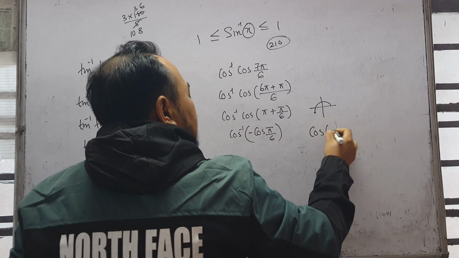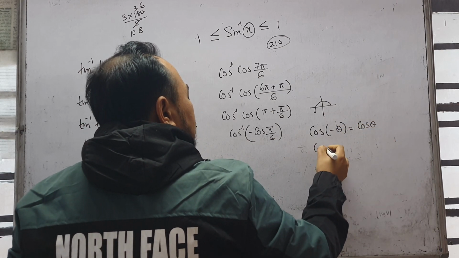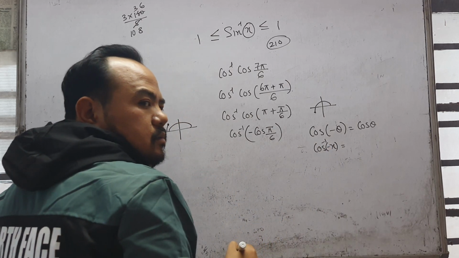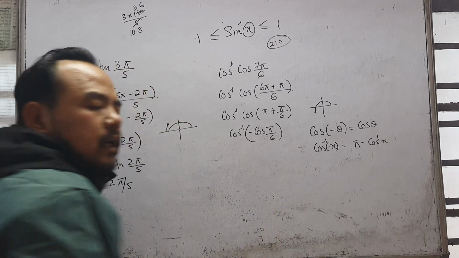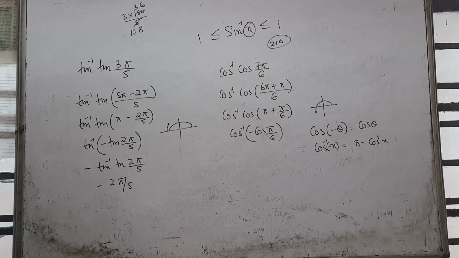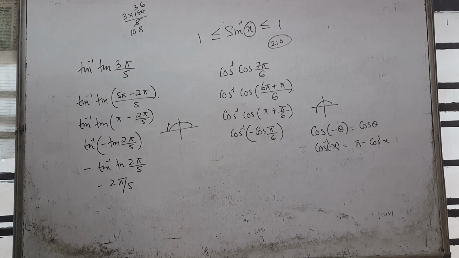Cos of minus theta is cos theta, but this is inverse. Cos inverse of minus x is pi minus cos inverse of x. For sine, then we have cosec, and tan, the minus comes out.